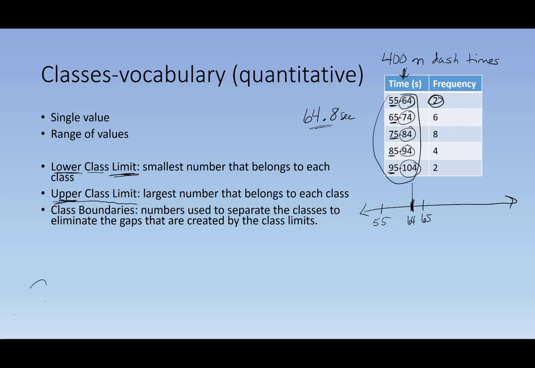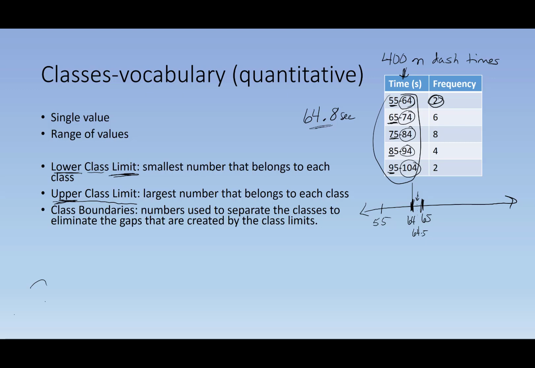My lower class limit for my second class was 65. That's right here. So our class boundary is going to be the value that's right in between them. Well, halfway between 64 and 65 is 64.5. So that's going to be my class boundary. That's going to be the value that I actually use to separate them.